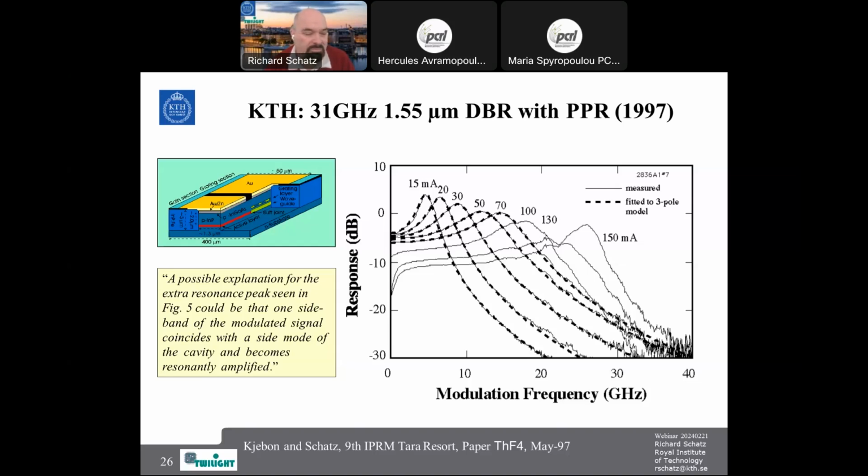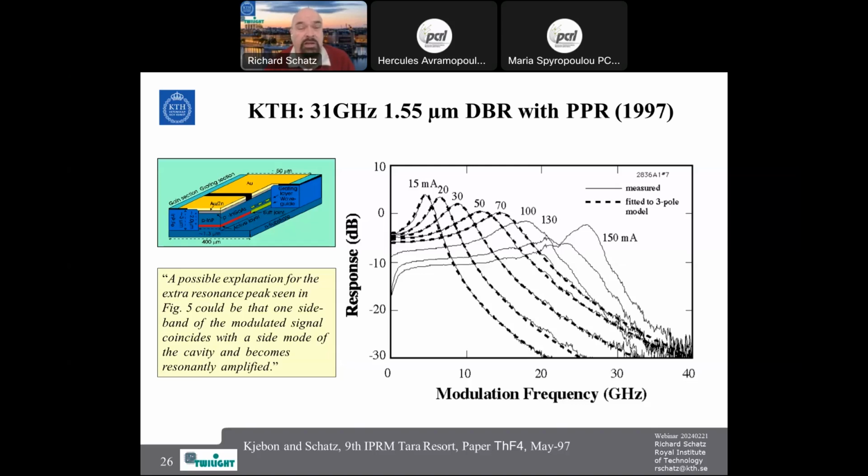Most of the best DMLs are designed for O-band wavelength around 1300 nanometers. Do you know any successful examples of DML with photon-photon resonance or detuned loading at 1550 nanometers, or are there intrinsic limitations due to the quantum well material? No, in fact, this device here is 1550, so it's approximately the same, 1550 or 1300.